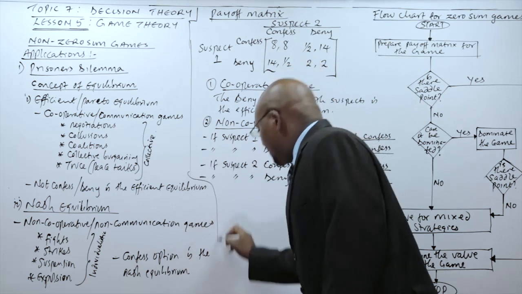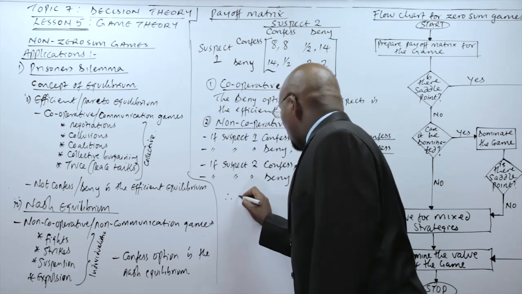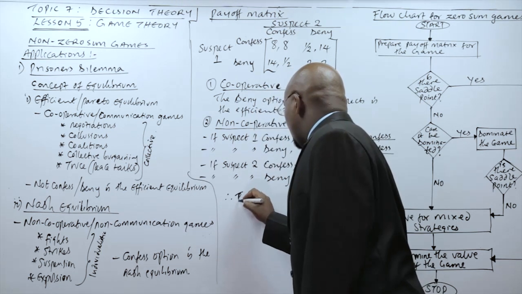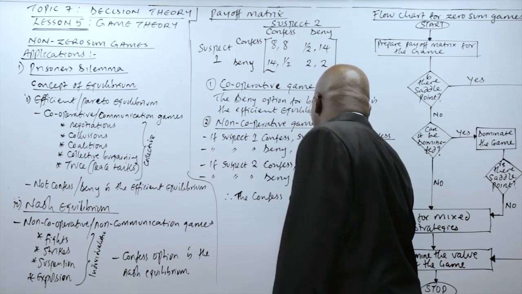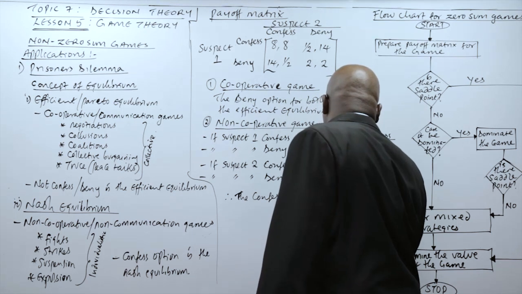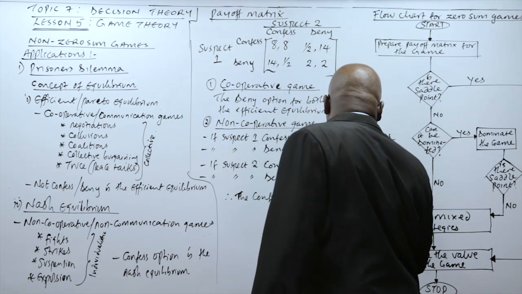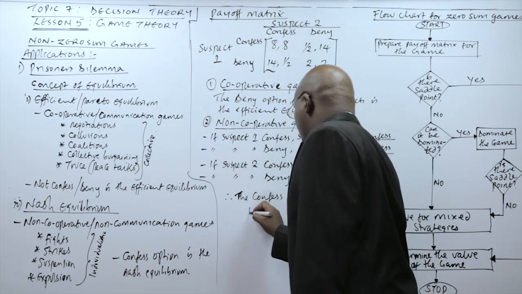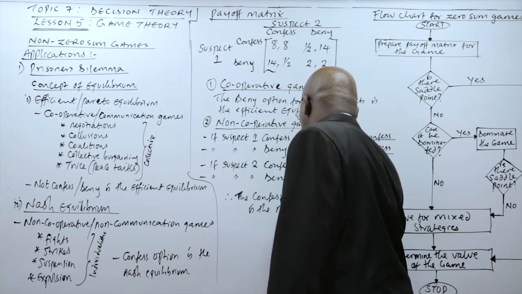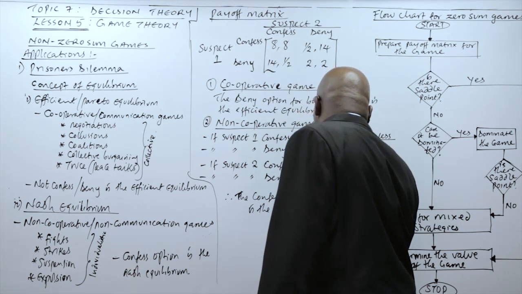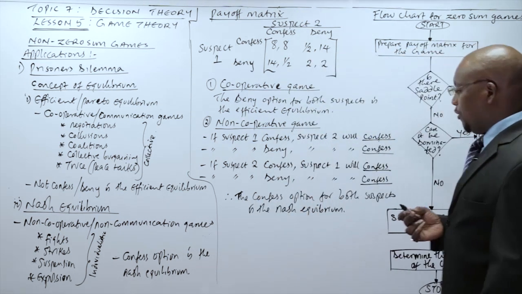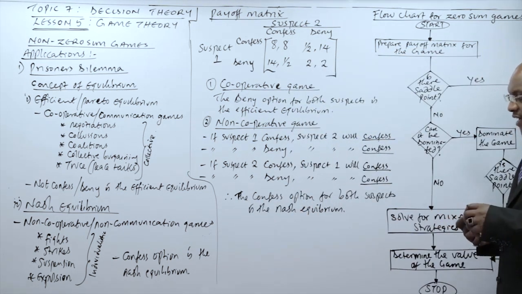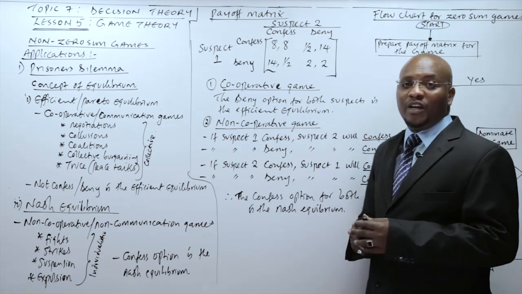So you can say here that therefore the confess option for both suspects is the Nash equilibrium. That's what we expect. The confess option for both suspects is the Nash equilibrium, and that's how we can play such a game.